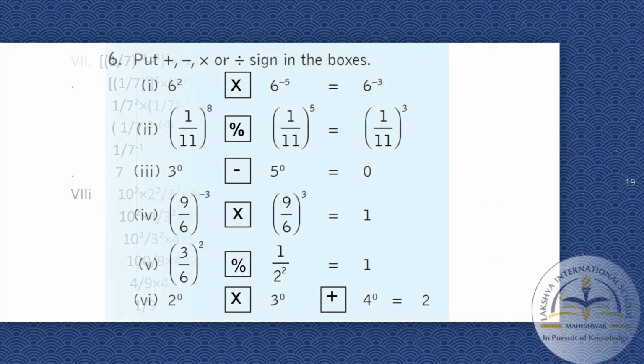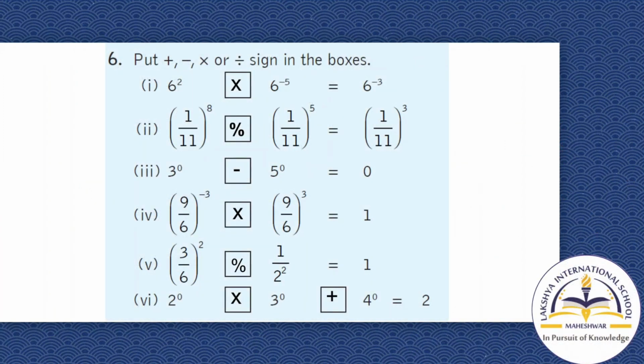Now question number 6. Put plus, minus, multiplication or division signs in the boxes. Here you can see 6 to the power 2, 6 to the power minus 5 equals 6 to the power minus 3. How can we get minus 3 if there is a multiplication sign? Because in multiplication, 2 plus minus 5 will be minus 3. That's the only option to get 6 to the power minus 3, so we will use the multiplication sign.